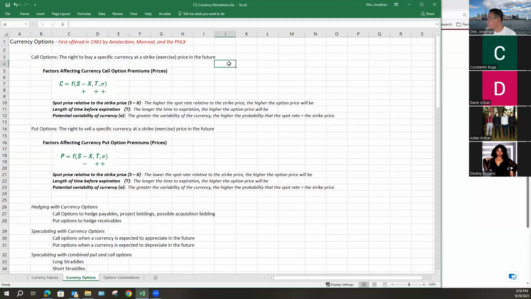It is your right to buy currency in the future at the specified price, called the exercise price.